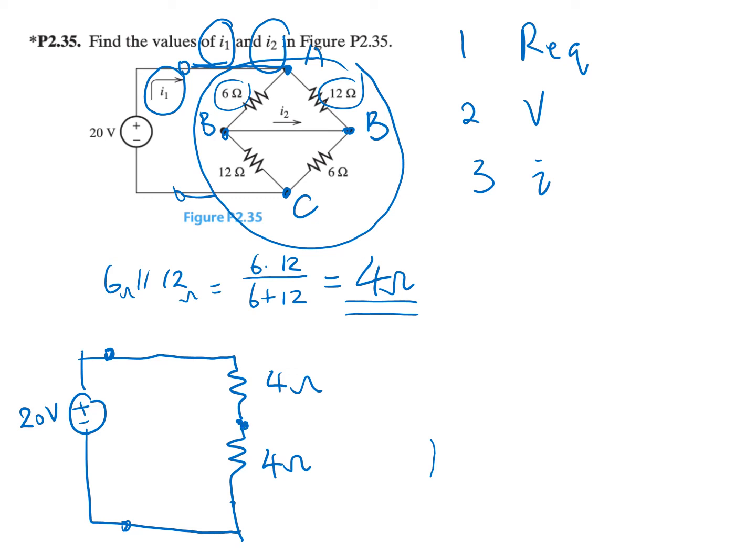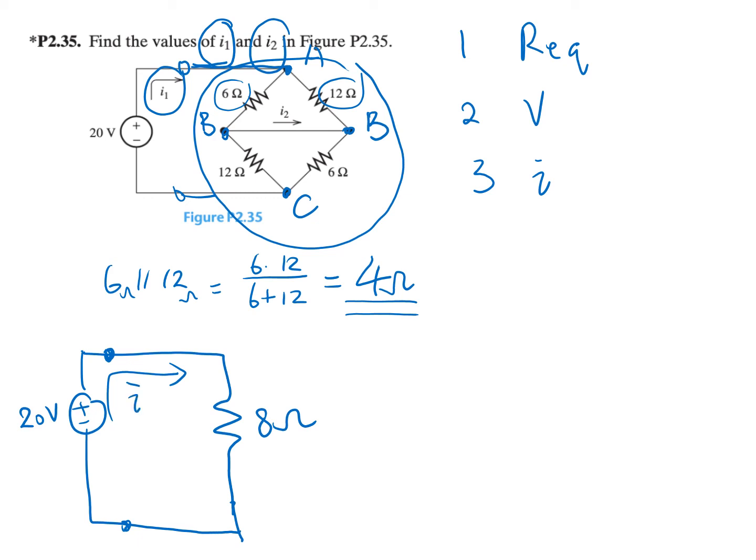Now, because terminals are here, no other branch is connected to this point. So we have 4 ohm plus 4 ohm to be 8 ohm. So we can redraw the circuit. This is 8 ohm. So now we can simplify the circuit to be like this.